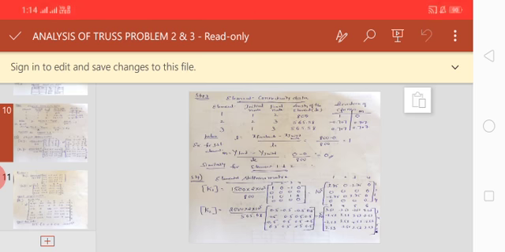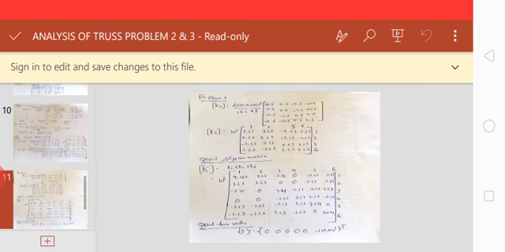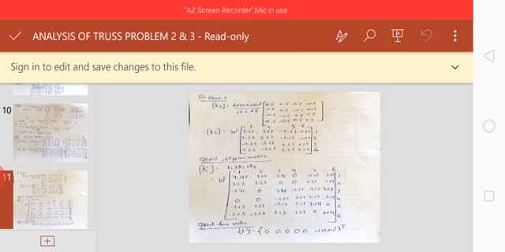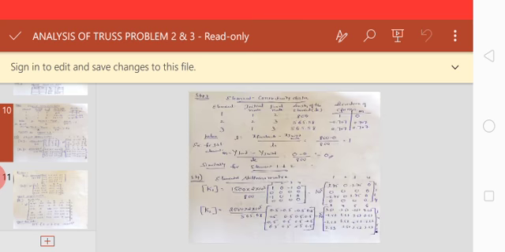Again 6 cross 3, the same thing, available in the K2 matrix, 3.53. Now you go for the fourth column in the global stiffness matrix. Next 1 cross 4. 1 cross 4 is available in the K1 stiffness matrix, that is 0. That's what we have written here. 1 cross 4 is 0. 2 cross 4 is also 0, as you can see from the table in the K1 stiffness matrix.